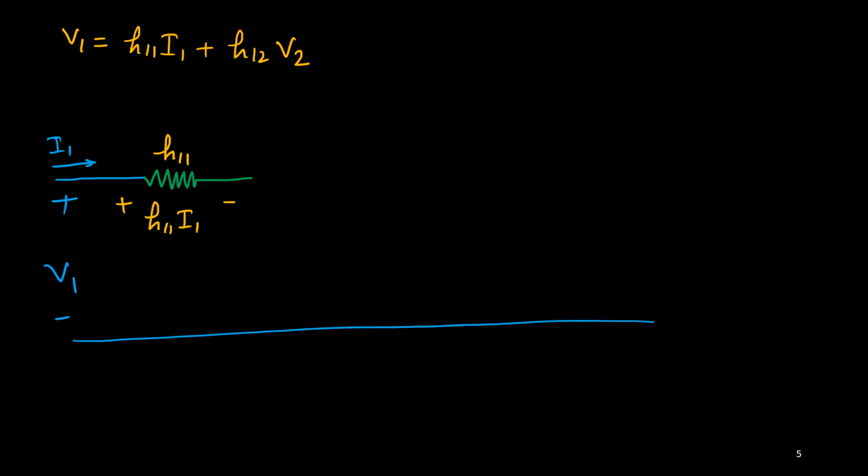So one more voltage, if I apply KVL, I need one more voltage, and that voltage will come from here. It depends on V2, so we can consider this thing as a dependent source, depending on the V2 side.